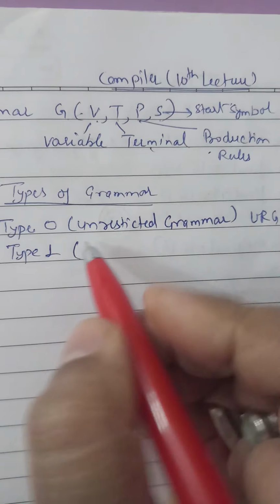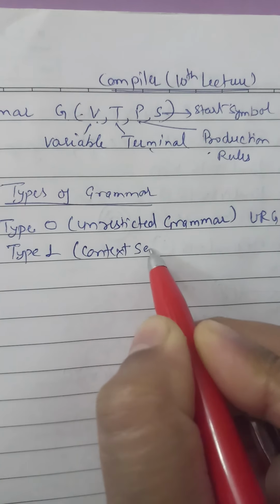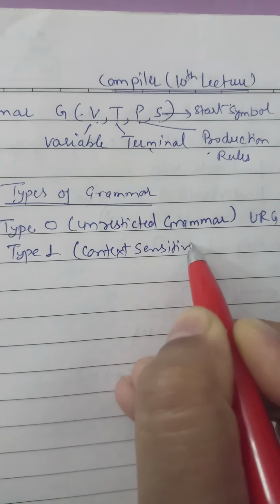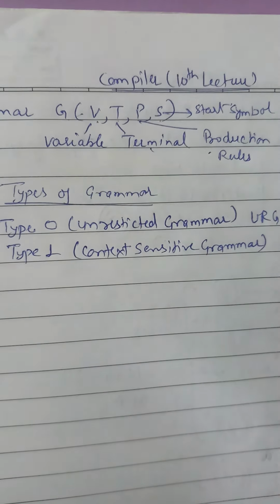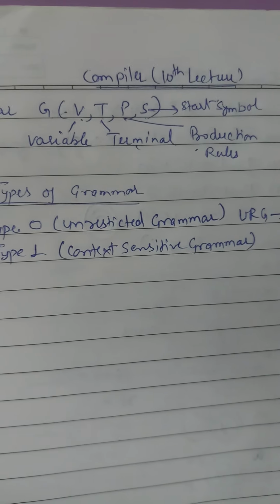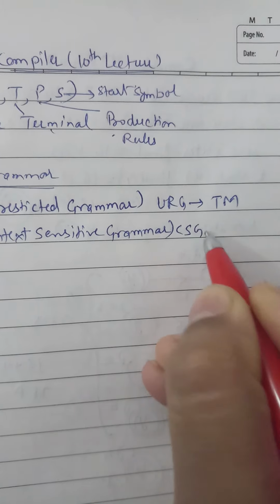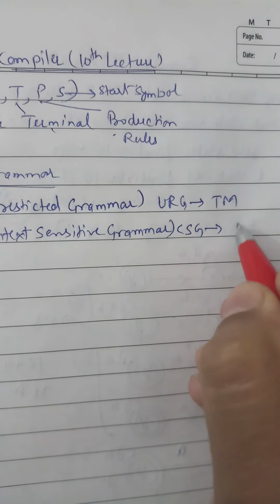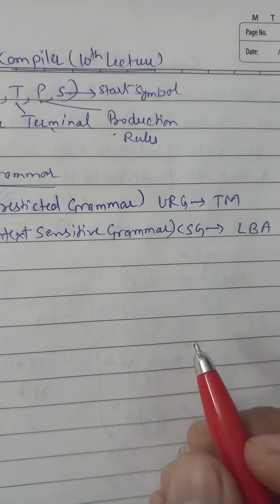Type 1, context sensitive grammar. Context sensitive grammar, CSG, in which LBA, linear bounded automata, come.